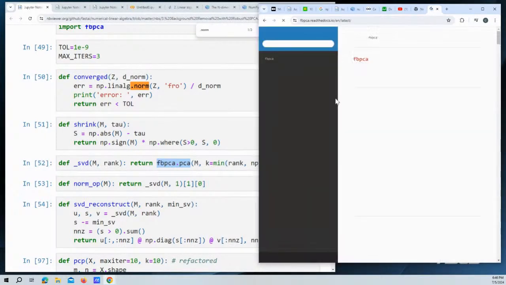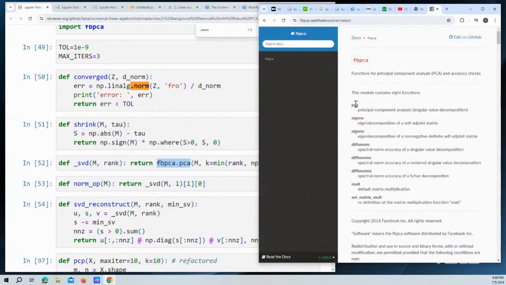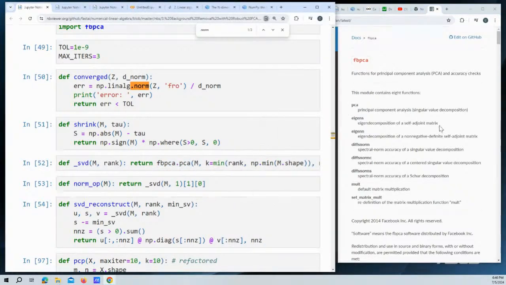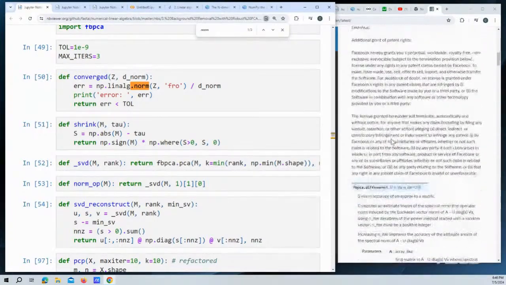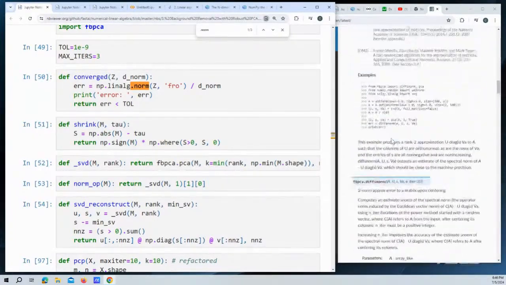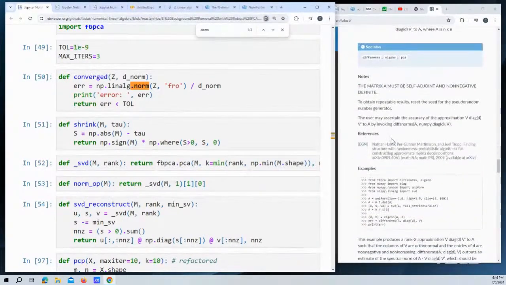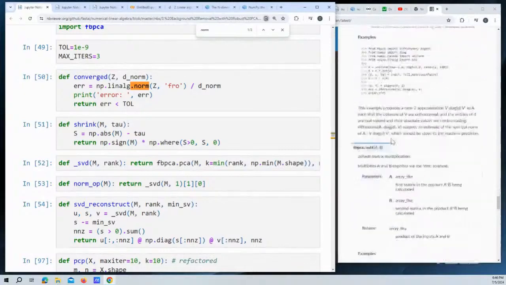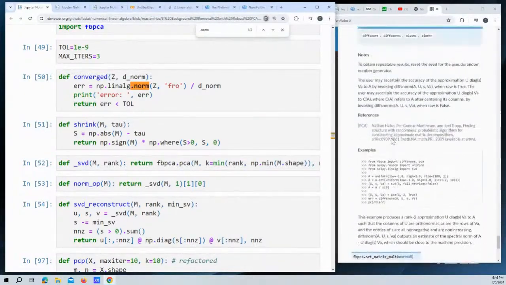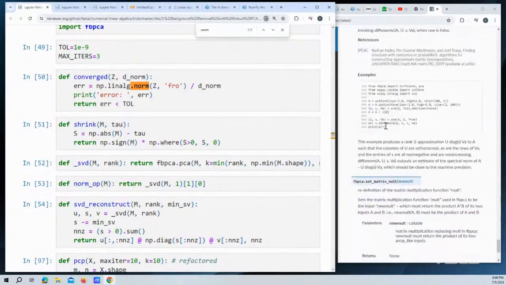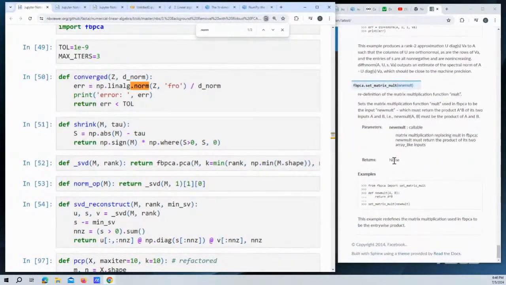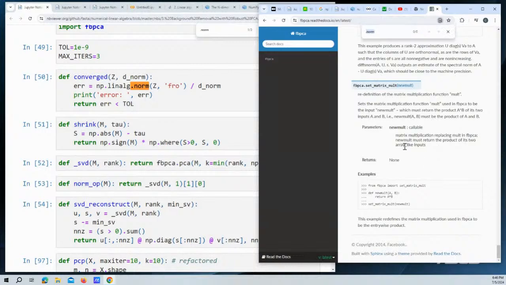Here we go. So it can do PCA, eigens, norms, whatever we're talking about here. I just want the PCA. Still not to a PCA. Maximal. Oh. It said it was a page.